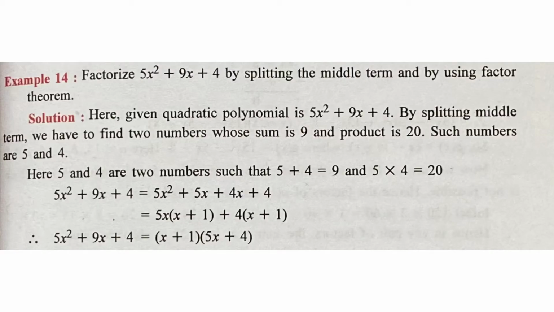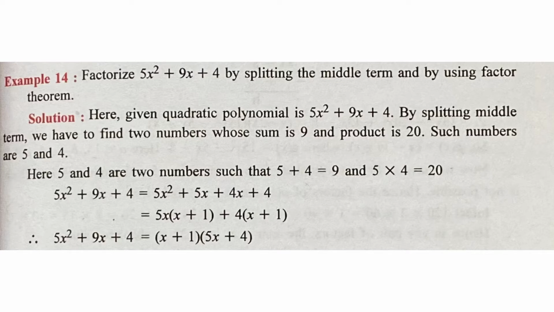Now students, there is another method through which you can factorize the given polynomial, and that method is known as method of splitting the middle term. You have already studied it in 8th standard. So let us see example. Factorize 5x square plus 9x plus 4 by splitting the middle term and by using factor theorem. So here the given polynomial is p of x is equal to 5x square plus 9x plus 4.